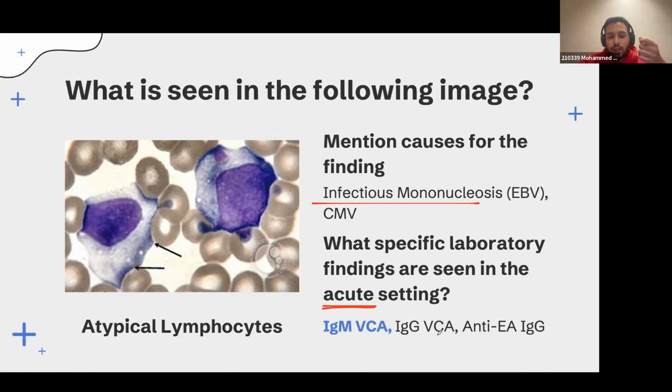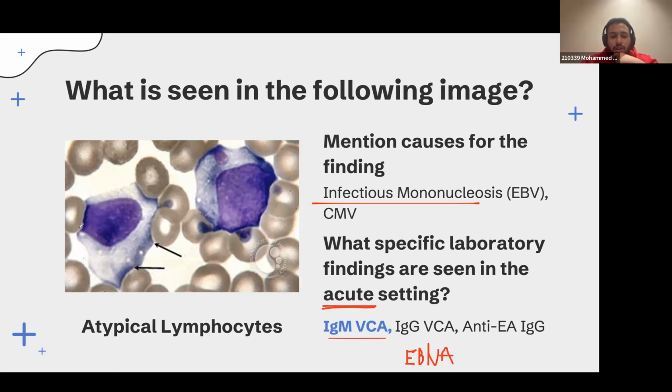Now, if it becomes chronic, will you see this? No. That's very important. If it becomes chronic, no. And you'll start to see EBNA positive in the case of chronic, okay?